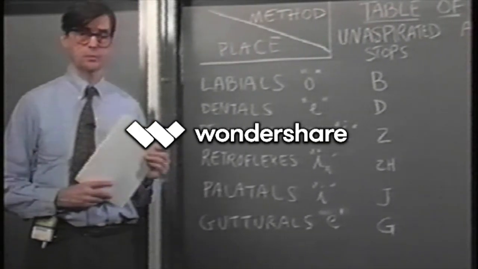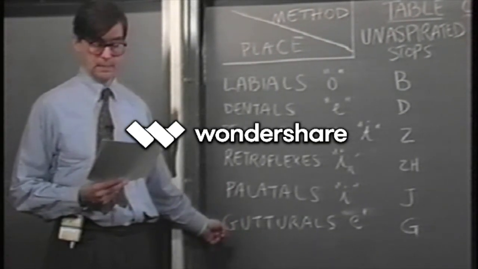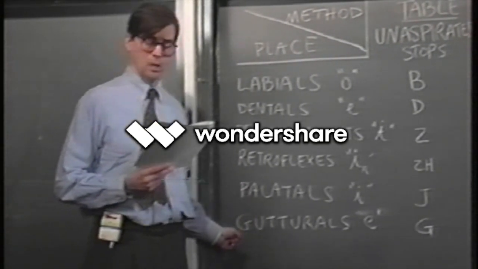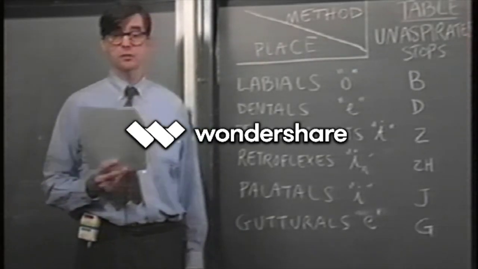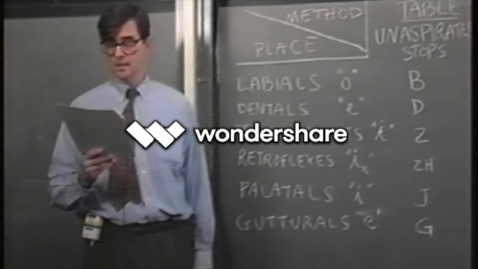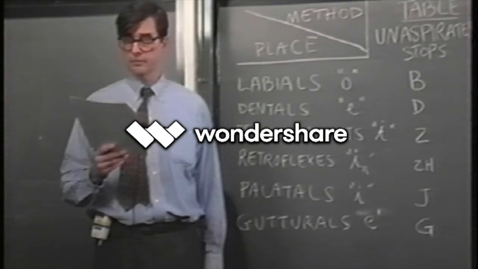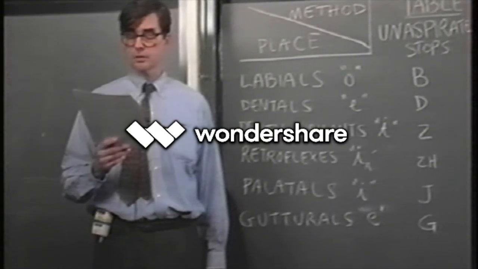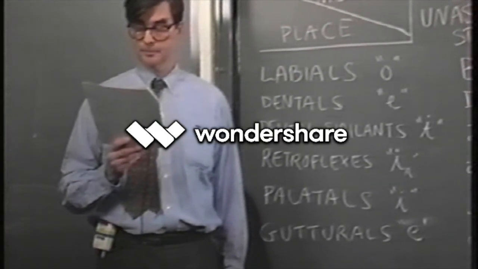Finally now, the 6th row and the last one, the gutturals. The name of this row refers to the Latin word which means throat, indicating that these initials are all produced by movement of the rear of the tongue near the soft palate at the back of the mouth.